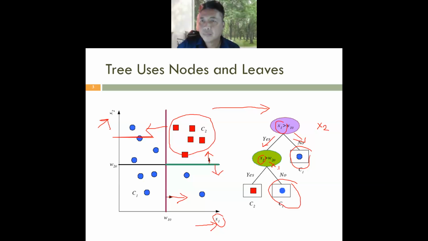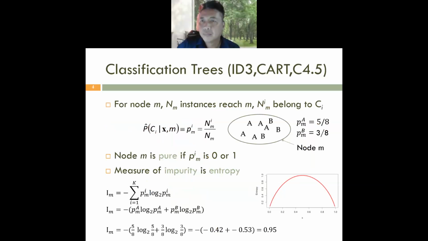So what is this entropy or information gain? Okay. They use this probability. For example, we look at this group. Okay.